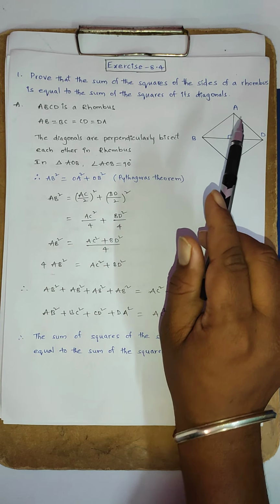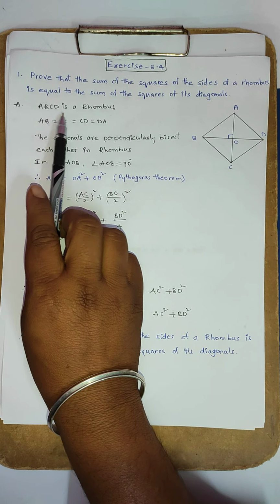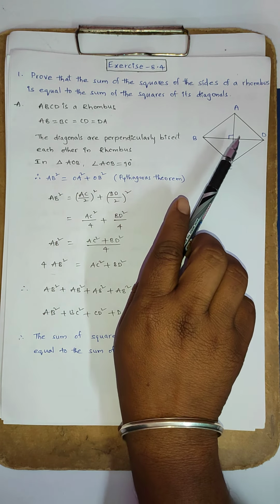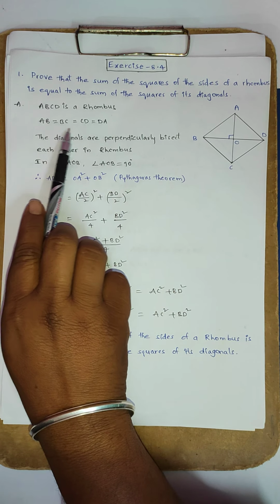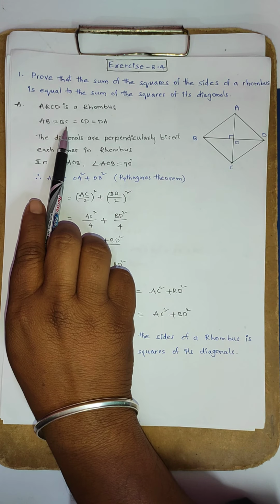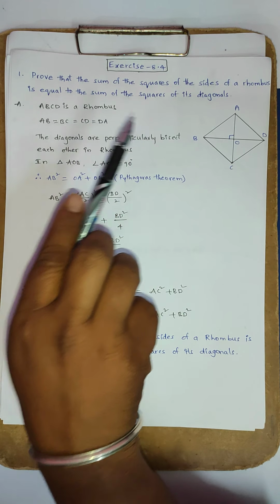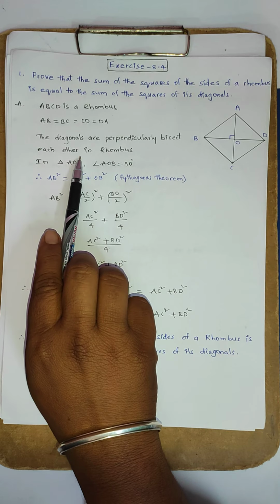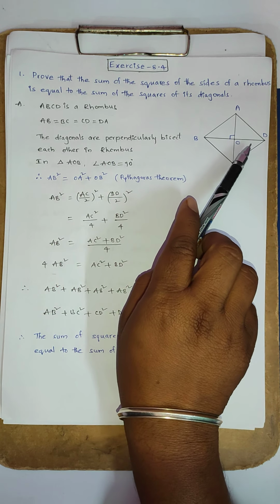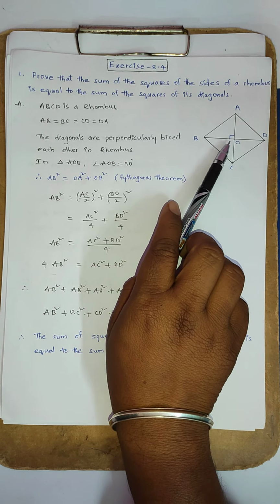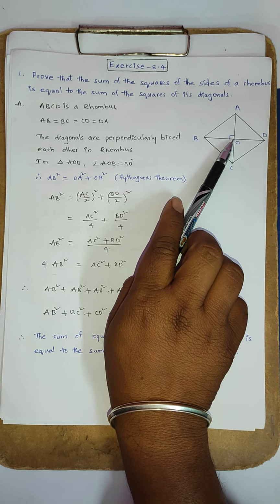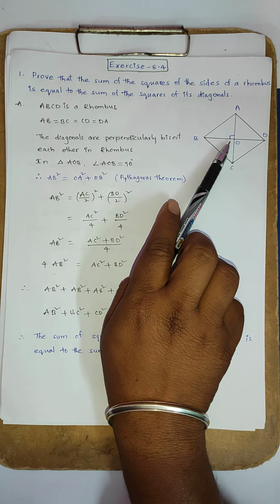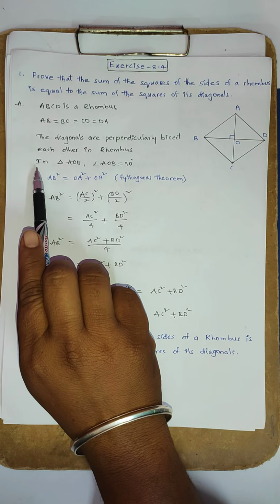This is the problem. Answer: ABCD is a rhombus. In a rhombus, all sides are equal, AB equal to BC equal to CD equal to DA. The diagonals perpendicularly bisect each other. Where the two diagonals intersect, the dividing parts are the same size.